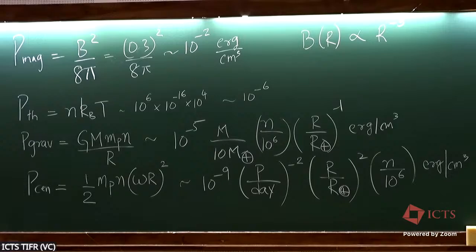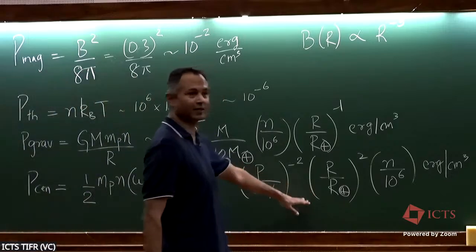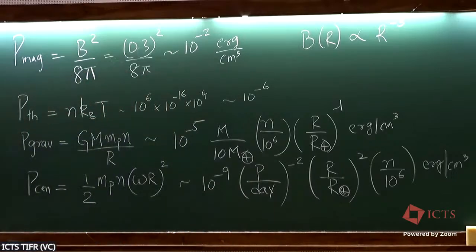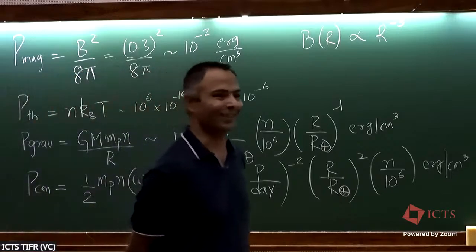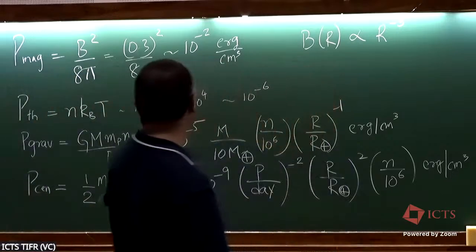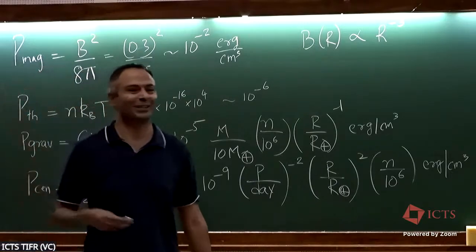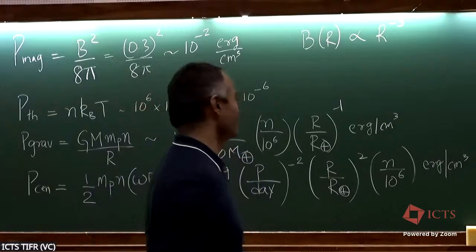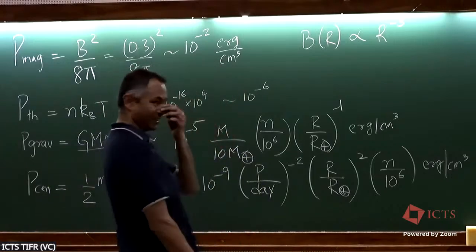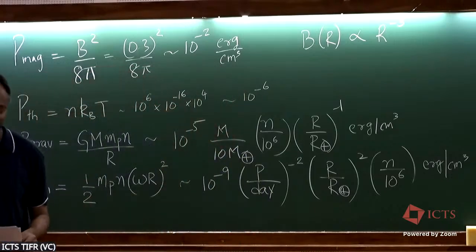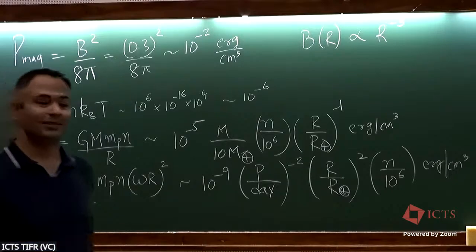We can't, because this is increasing with radius, not decreasing. The number density will also vary, you're right, and I'll come to that. Right now, that's why I've been careful to put tildes everywhere. These are just order of magnitude, rough estimates. The number density, of course, will also change, and that makes a difference.